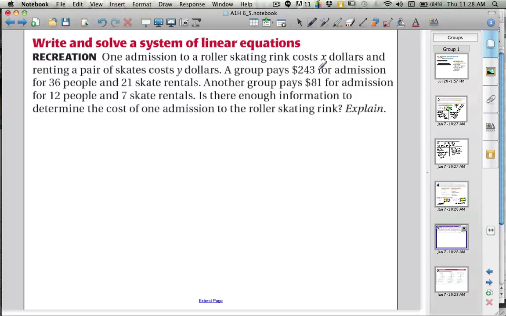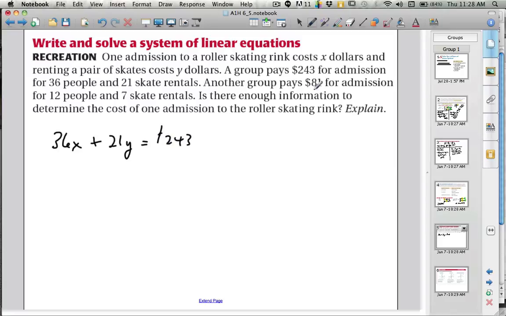So my admission, right, for 36 people would be 36x, and then the skate rentals would be 21y, and the total price for that group is $243.